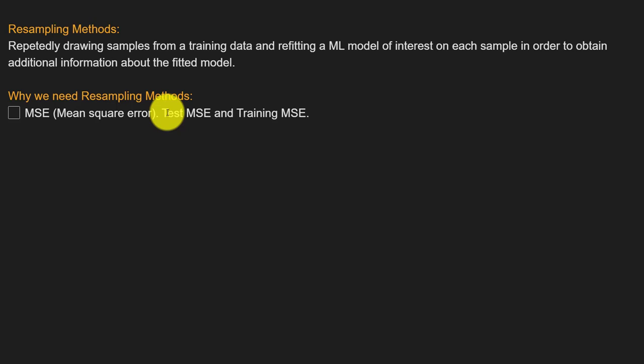So test MSE is the good measurement of model performance, but we do not have a huge amount of test data in hand beforehand. So we need a way to estimate the test MSE from the training data as well. Resampling methods can help us measure that, at least in some way. So this is one reason why we need to study resampling methods.